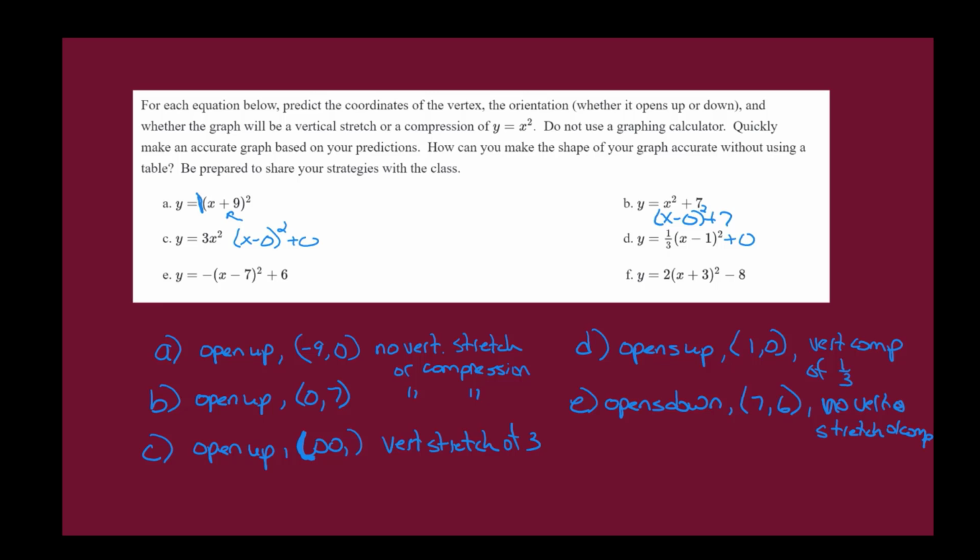So you can see that's kind of abbreviated there. Part F, it opens up. Our vertex, because it's a plus 3, means it's -3, so it's going to go to the left, and it's going to go down 8. So -3, -8. And we do have a vertical stretch factor of 2.